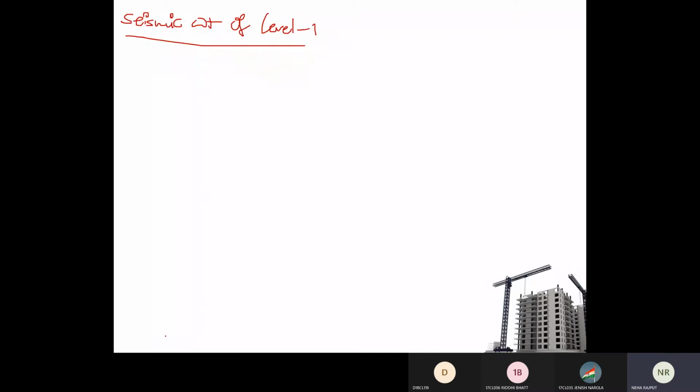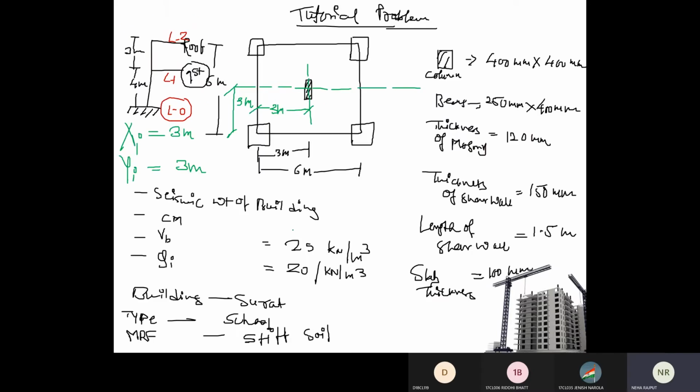So you need to write down seismic weight of slab, without Excel. Now what is seismic weight of slab? First will be self weight of slab. How to find self weight of slab? As I discussed, density into thickness of slab. What is the thickness of slab given? 100 mm.